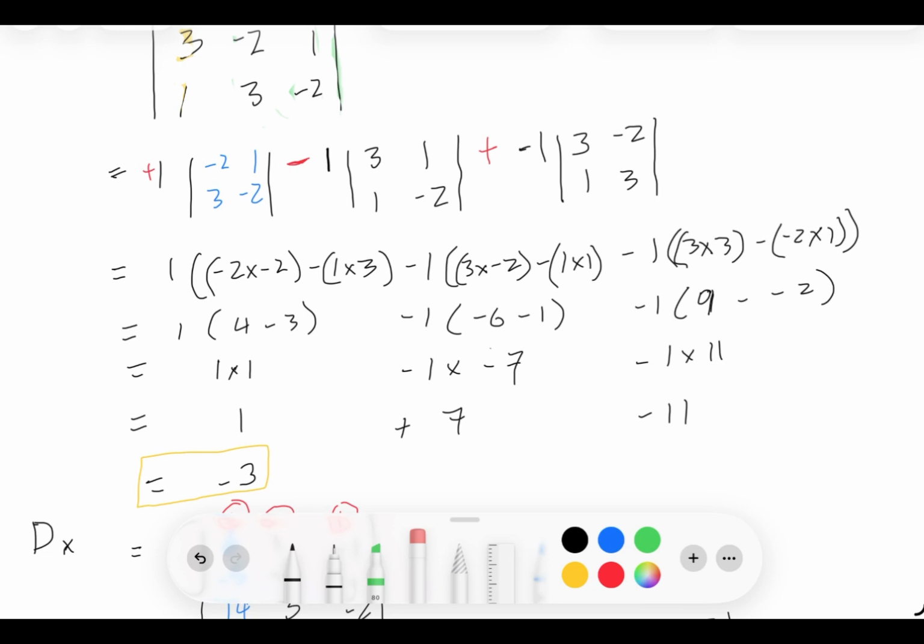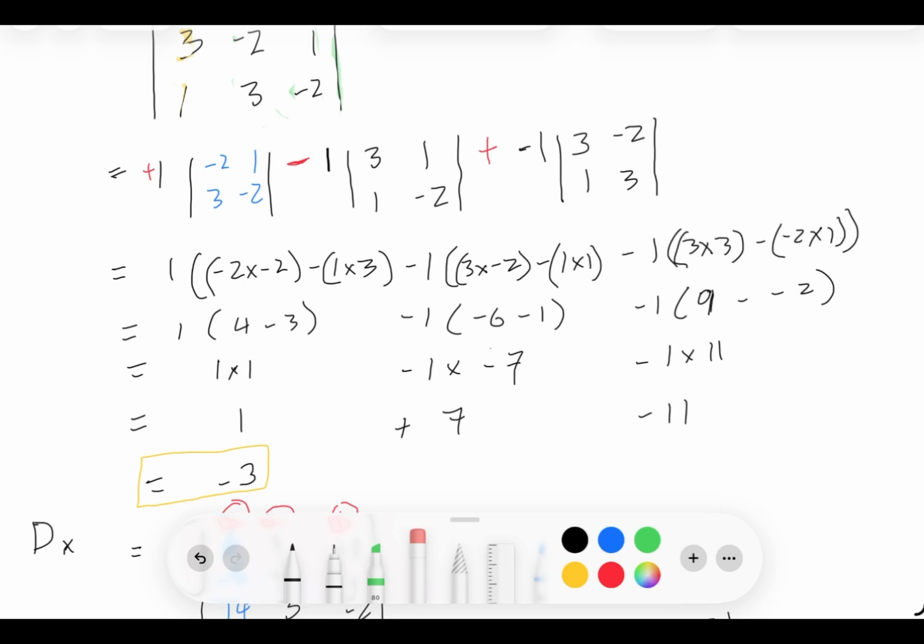You multiply across from top left to bottom right and subtract, multiplying the top right to bottom left numbers.